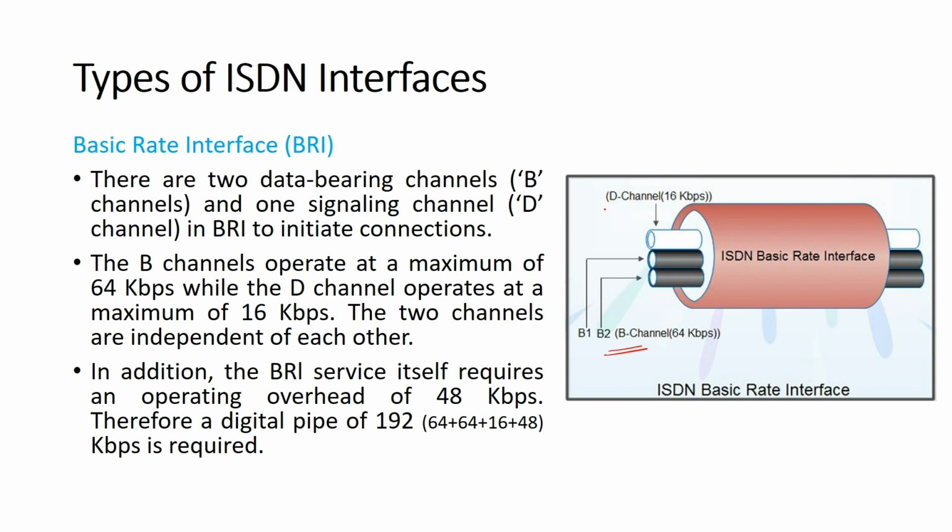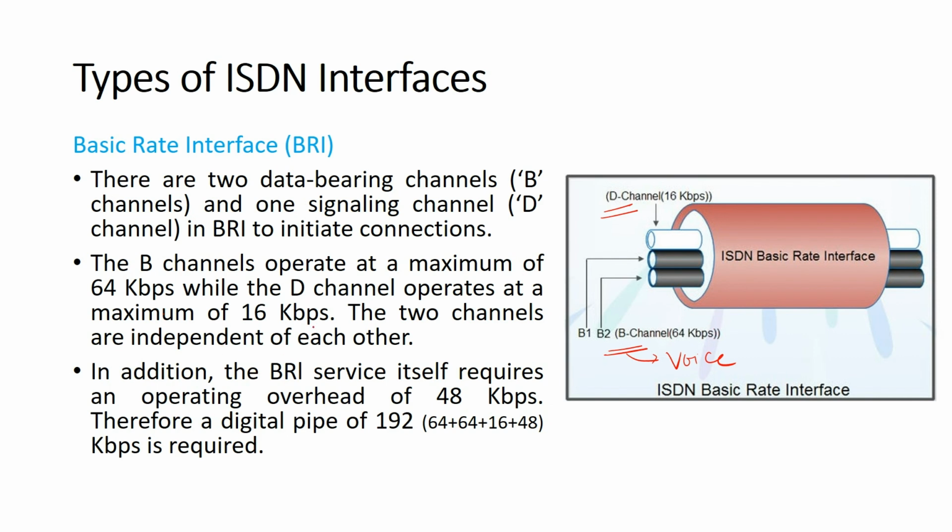D channels are used to transmit the control signals, whereas B channels are voice bearers. It's voice and data, primarily the voice or any data used for communication, that is transferred. As we know, voice or data channels should have more bandwidth. So the bandwidth of the B channels is 64 kbps, and the D channel is limited to 16 kbps.